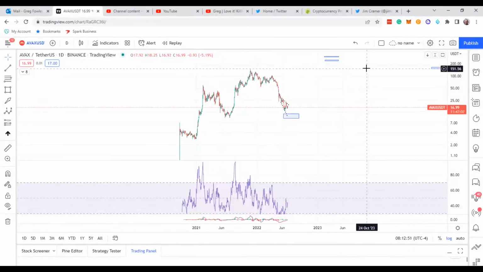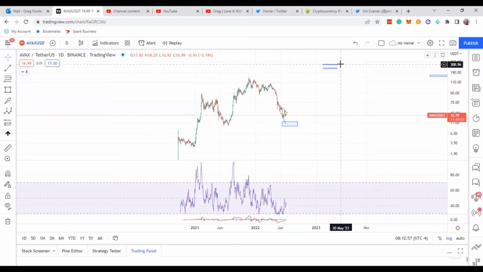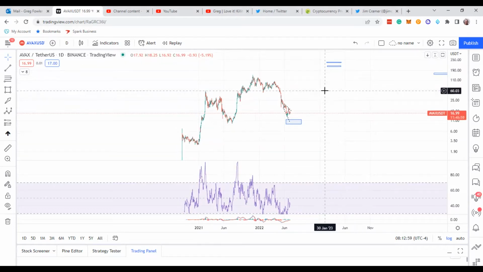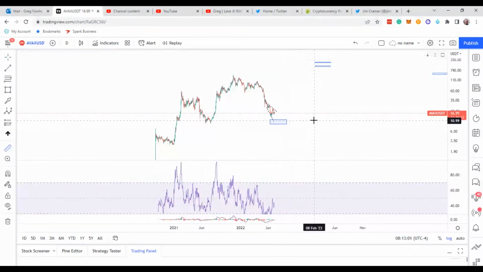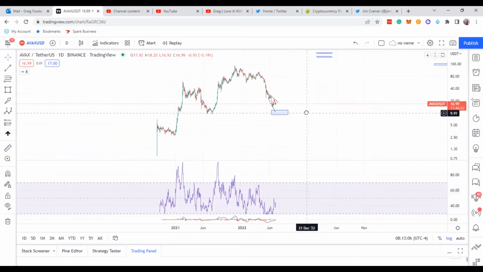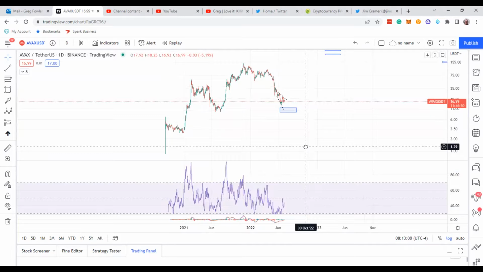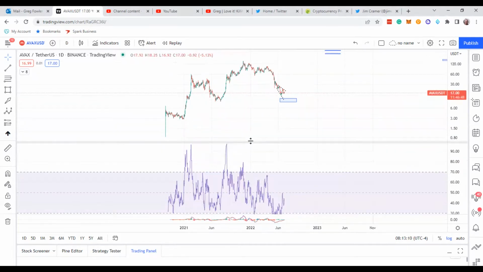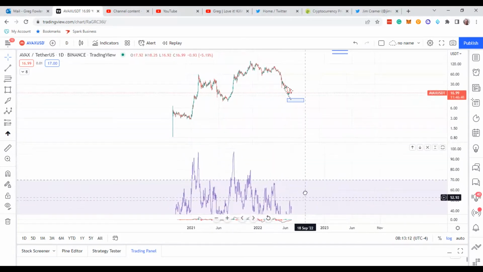So I do have price targets up there: 151, 240, and let me see, $300 on its next wave run. Which, by the way, if it happens to do something like that, you're looking at a 2,000% gain on the next bull cycle for Avalanche. But let's just go over the basics with you guys here on the daily.